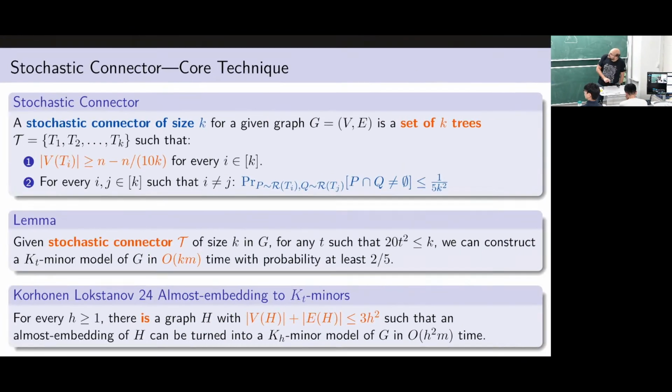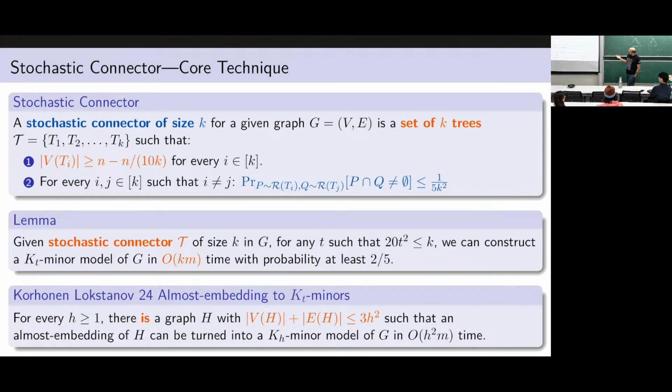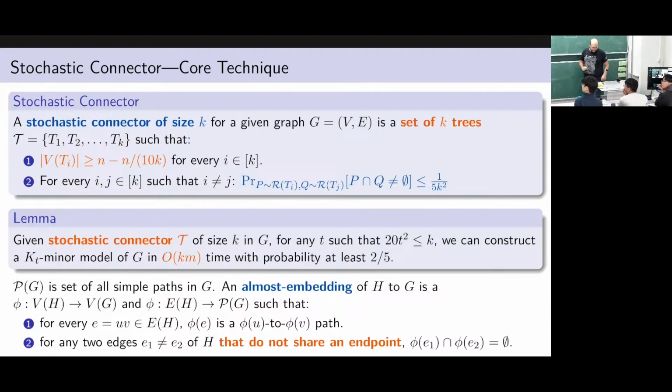I haven't told you what an almost embedding is, but there is a correspondence: if we find an almost embedding, then we can extract a KH minor model out of it in linear time. So instead of finding the KH minor, I will show you how to find this almost embedding, which I will define on the next slide, and then we will show how to get it.